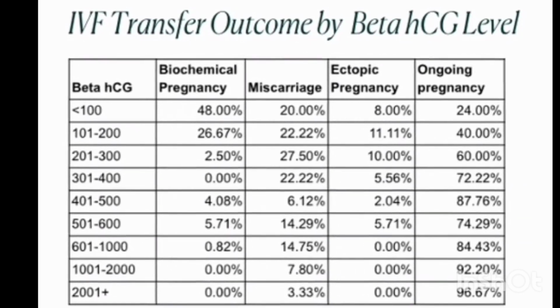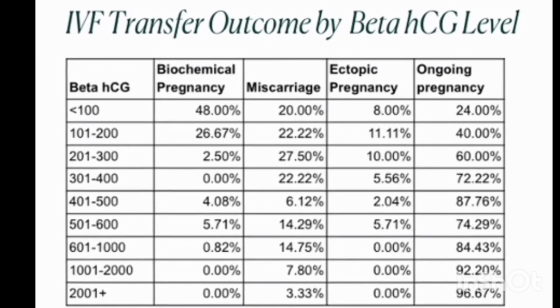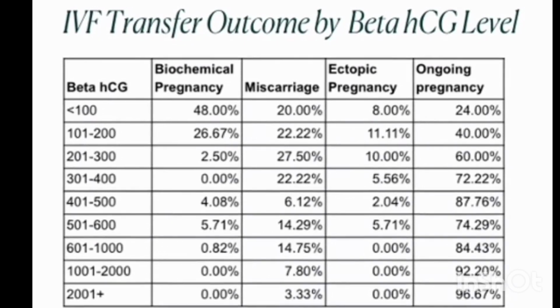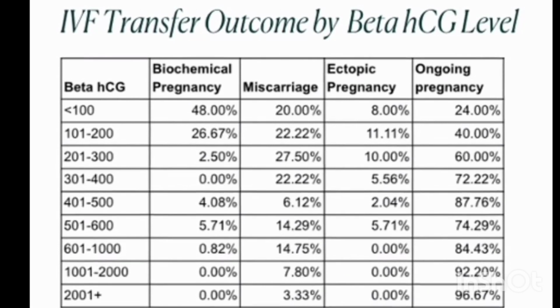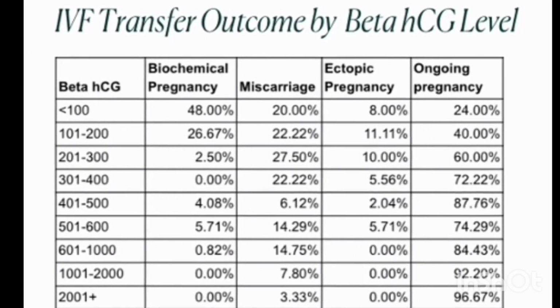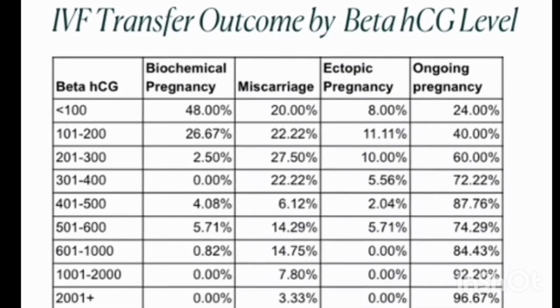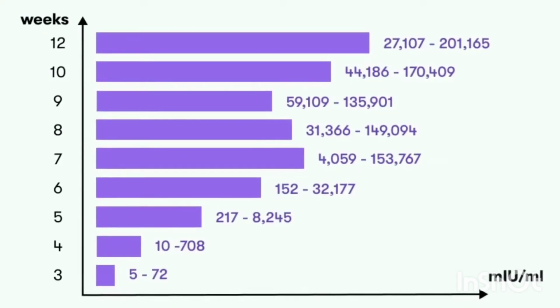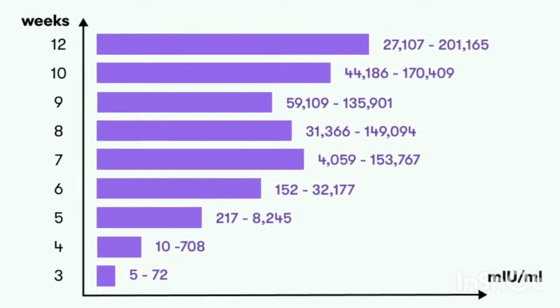Your first test result is considered a baseline level. This level can range from very small amounts of HCG, such as 20 or even lower, to larger amounts, such as 2,500. The baseline level is important because of a concept doctors call doubling time.